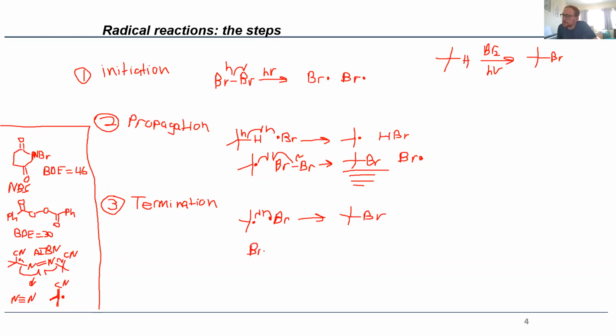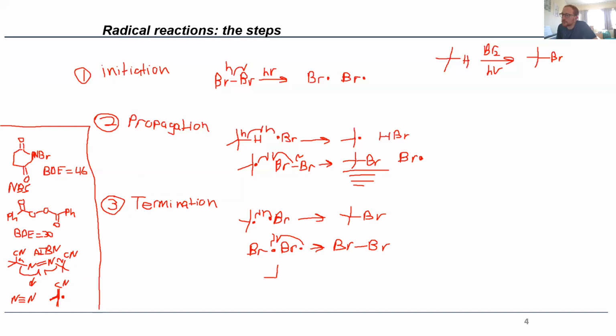Another termination reaction could be the combination of two bromine radicals to form bromine. Once again, this is not so bad because this is just our starting material, right? So this will absorb another photon and re-enter the cycle, but it is a termination reaction because we go from having two radicals to zero radicals.